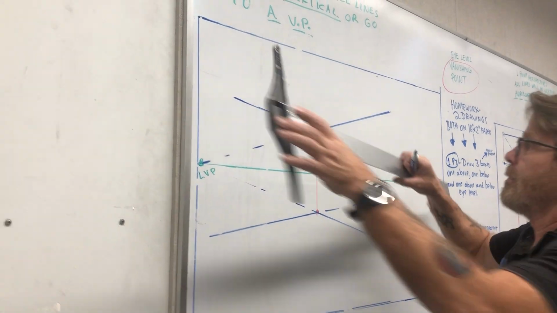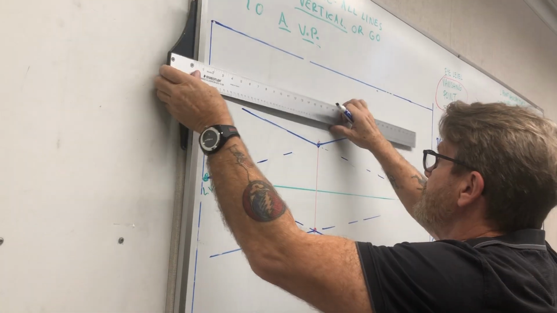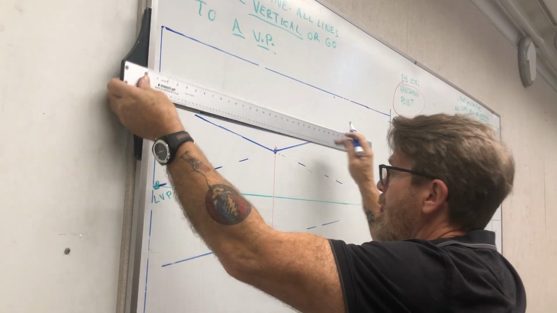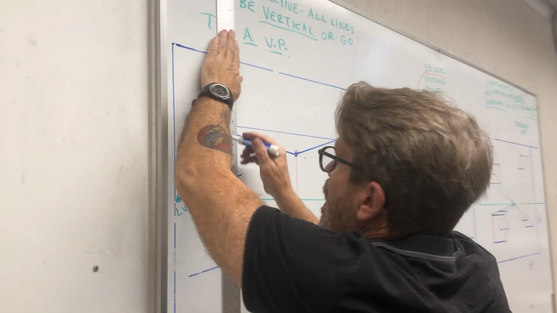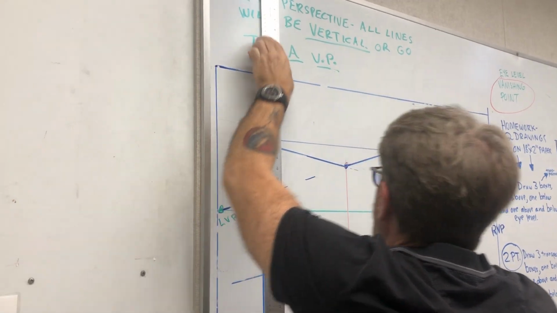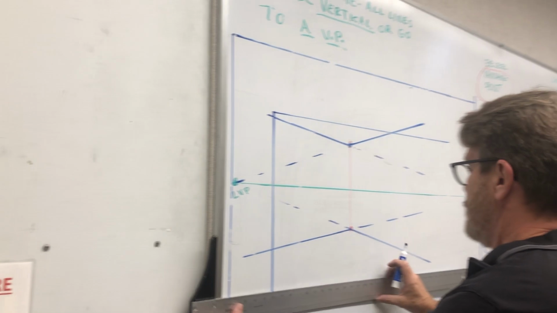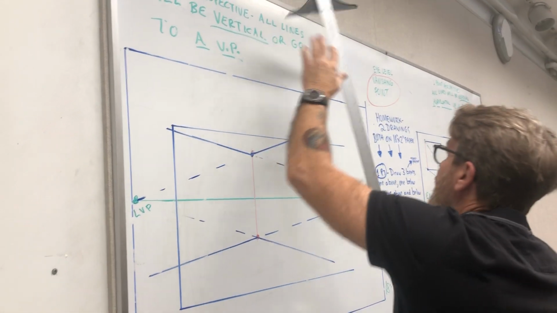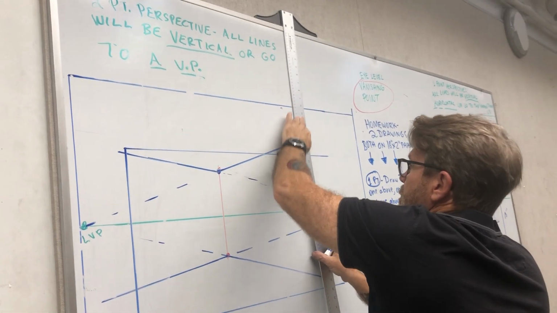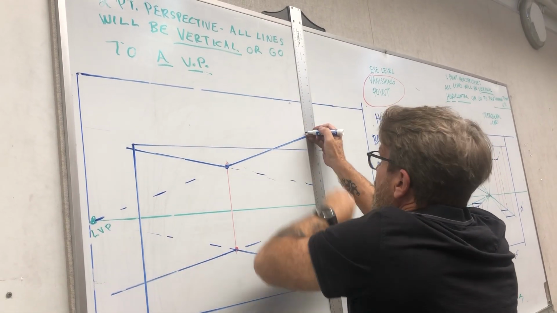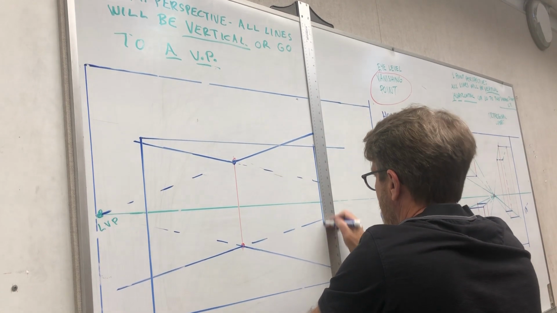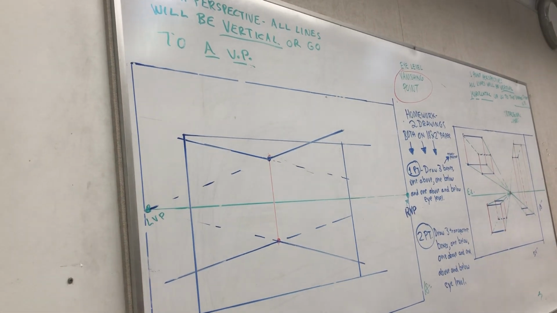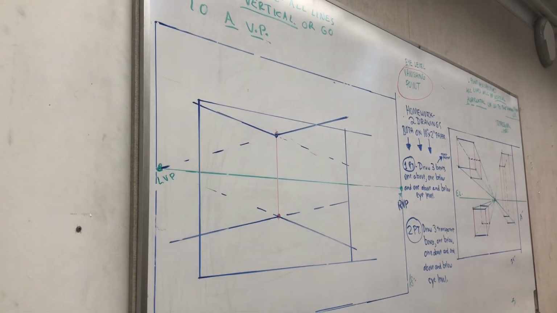Let's say my drawing is going to be inside of this rectangle I'm drawing. It doesn't matter if the vanishing points are centered. It matters that they're far apart.